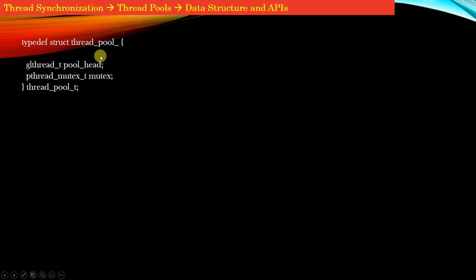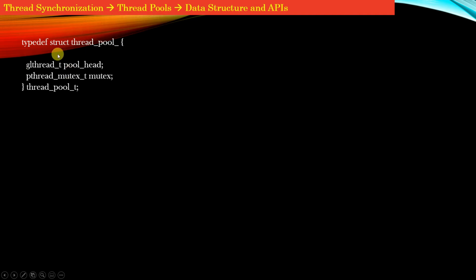So here you can see that I'm defining a data structure, thread pool. The first member of this data structure is the head of the linked list, into which I am going to queue up the threads, right? Now I hope you have already gone through GL thread. GL thread is nothing but an implementation of a doubly linked list and nothing else. If you are coming from the prequel course, then you must have already gone through GL thread.